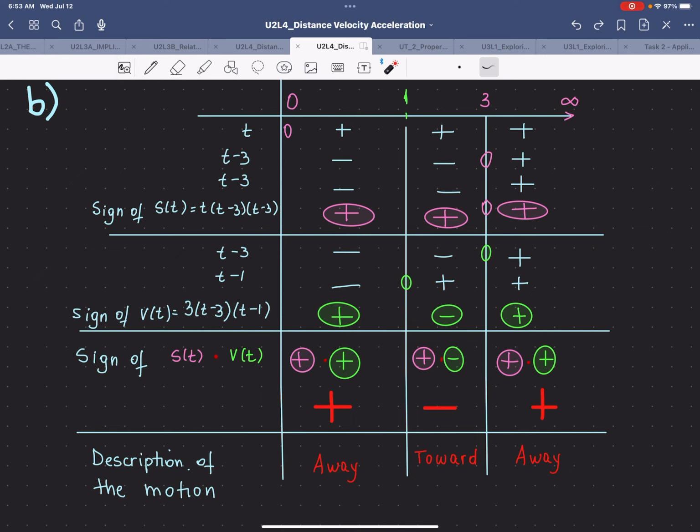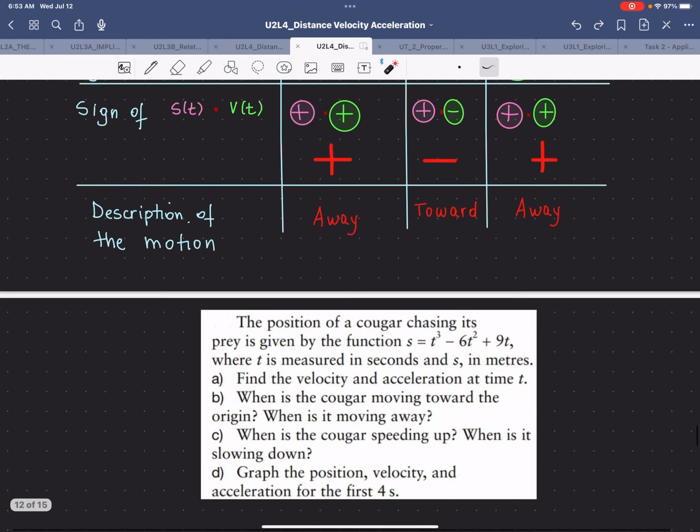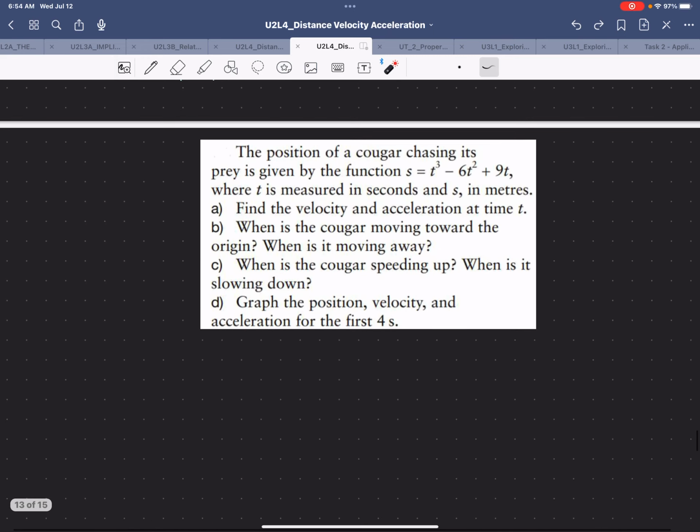So you can imagine that the cougar is moving away from its prey initially, so it wants to observe the behavior of its prey, and then within 2 seconds it gets closer to the prey in order to execute whatever the plan was, and then going away again.